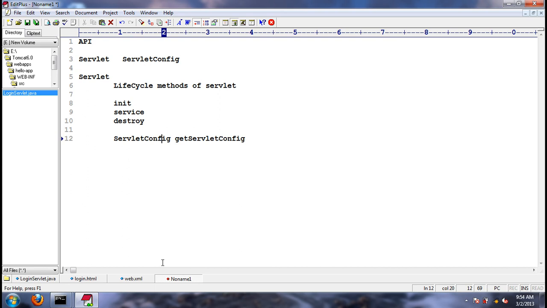ServletConfig is also an interface present in the javax.servlet package, and the Servlet interface also exists in the same package.